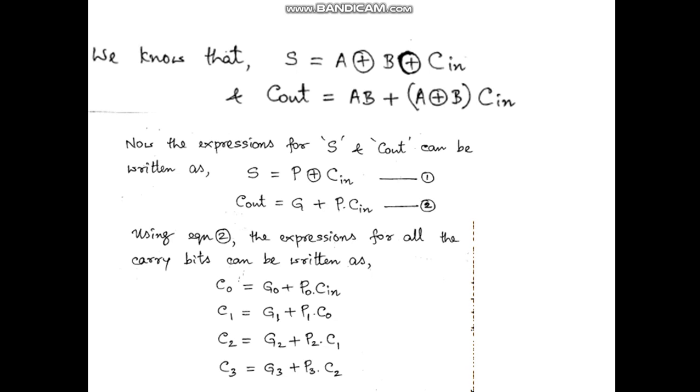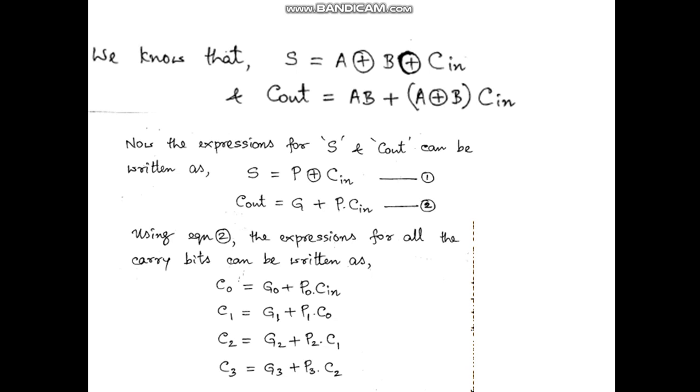We know the expression for sum and carry of a full adder. We can simplify and get the expression as sum is equal to A XOR B XOR C in, and carry out expression is AB plus B C in plus A into C in. After simplification, we can write it as C out is equal to AB plus A XOR B into C in.